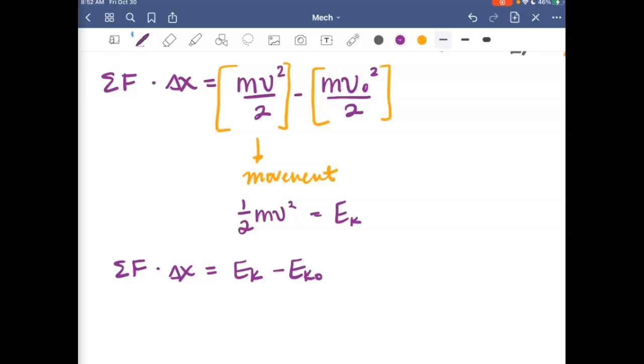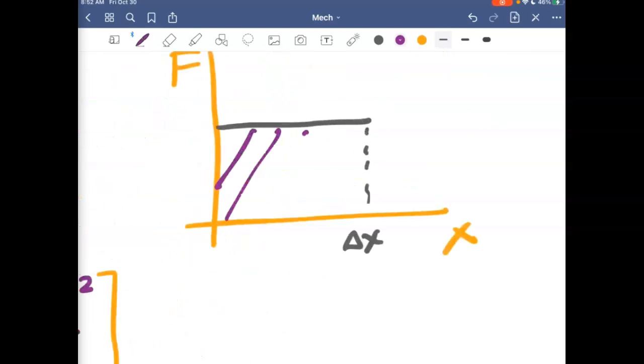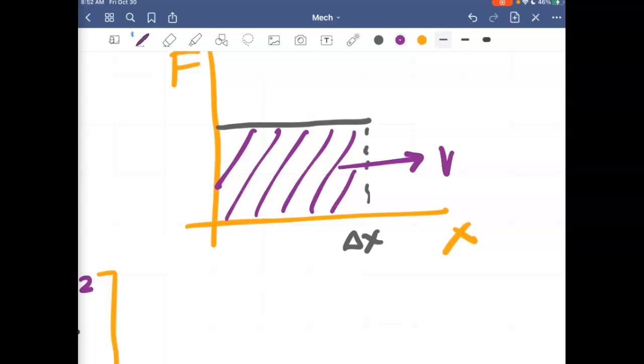So then that would give me a change in our kinetic energy. And so this force times the distance, the displacement, if I go back up here, that would be this area under the force position graph, and we call that work.